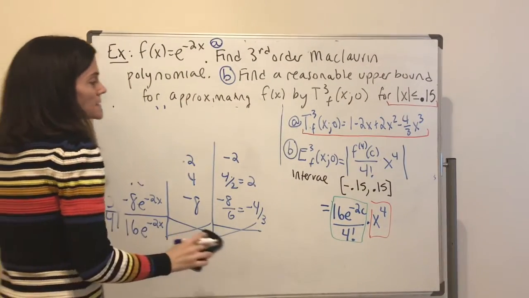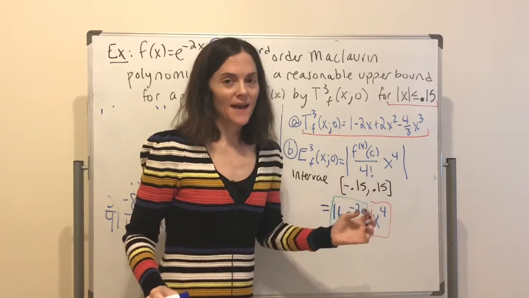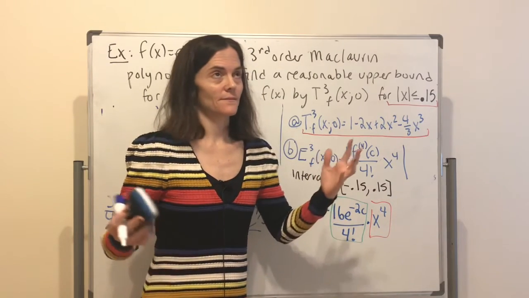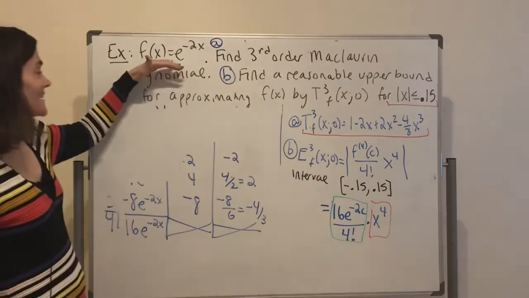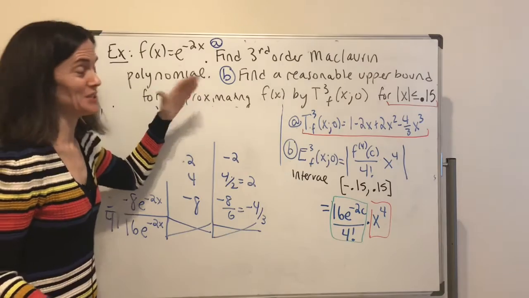I do not want to leave e to a power in my error bound, because if you think about it, I am approximating e to a power.